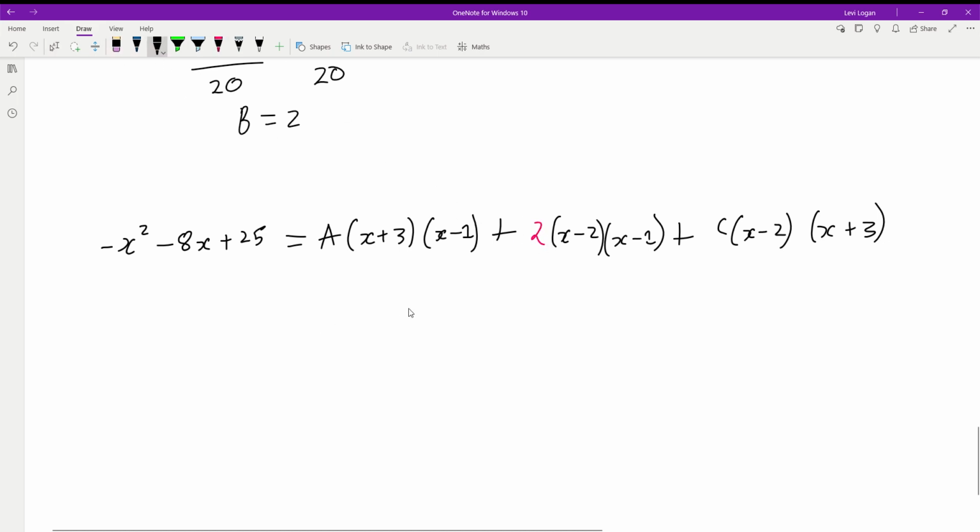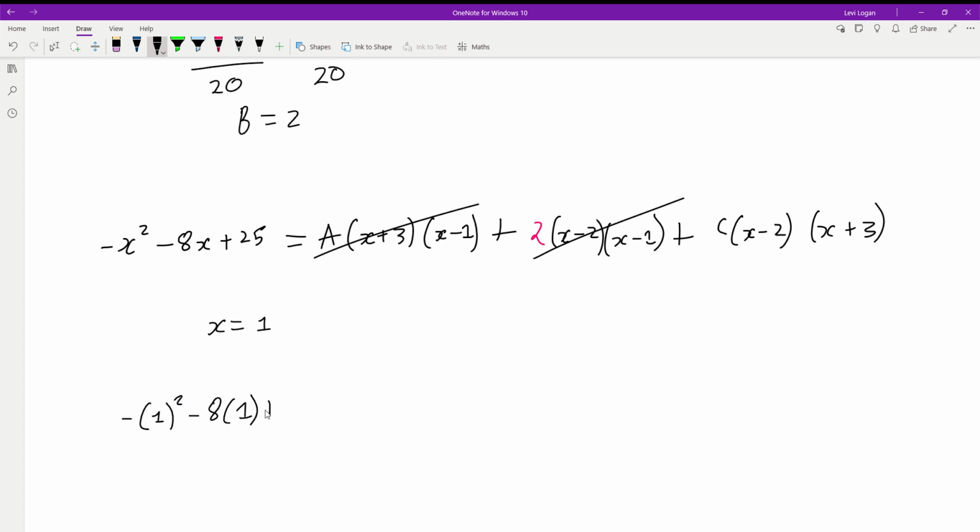Righto. What else can we do? We can sub in x equals 1. Make that 0 and make that 0. So we can find c. So negative of 1 squared minus 8 of 1 plus 25 is equal to c times, was it 1? Yep, 1 minus 2 multiplied by 1 plus 3.